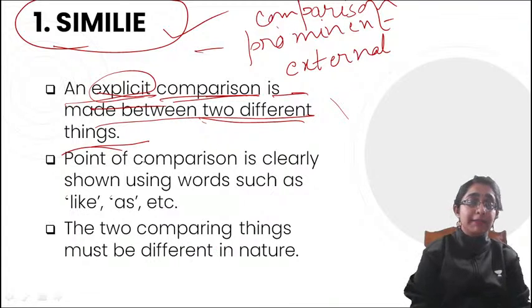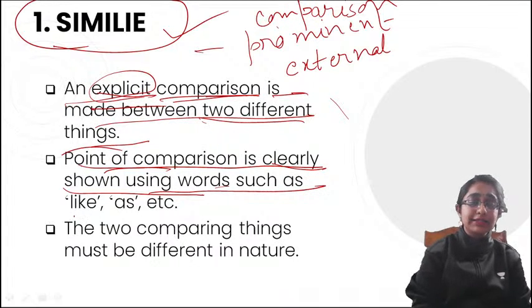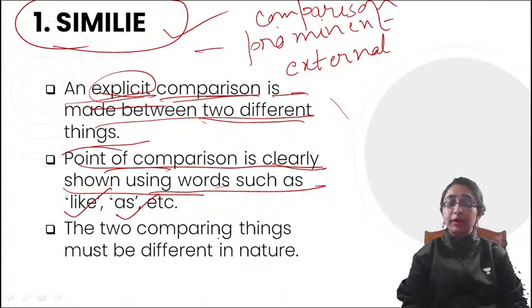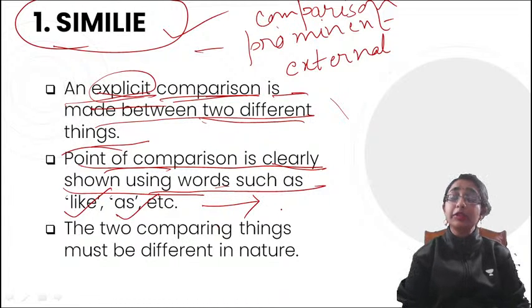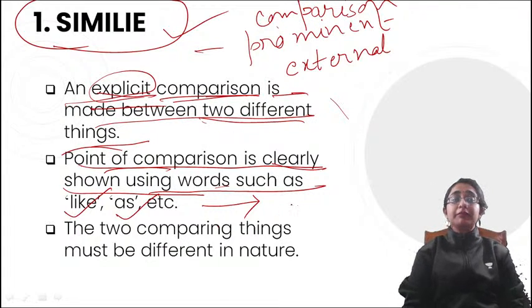Now, there is a point of comparison which is clearly shown using words like such as, like, as, etc. These are the words which are used to compare two different things. So what are the major features of simile?